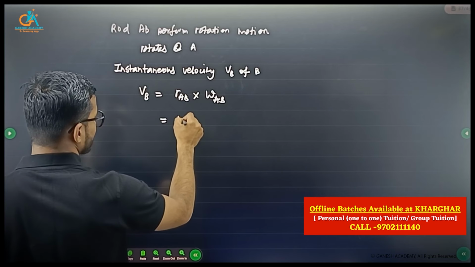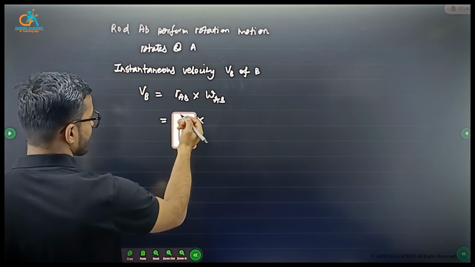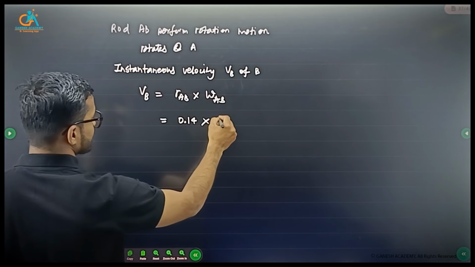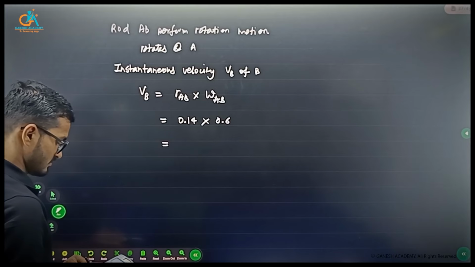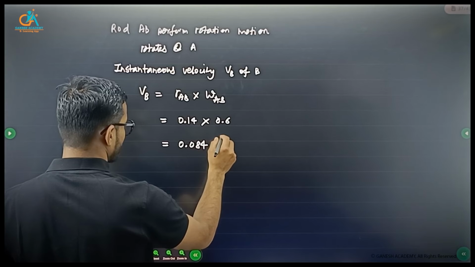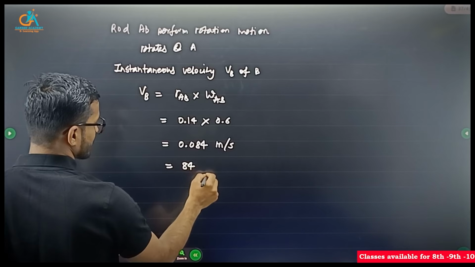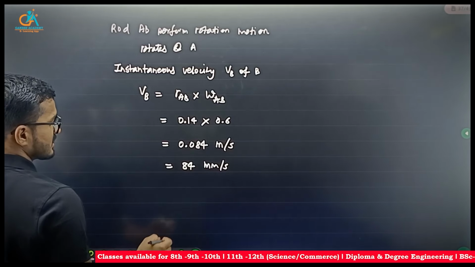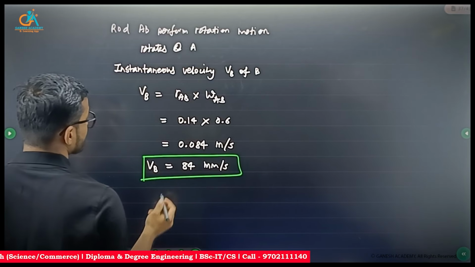RAB is 140 mm into omega. 140 mm means 0.14 meter. Omega is 0.6 radian per second. So 0.084 meter per second. If you want to convert this into mm, you multiply the value by 1000. So velocity of B is 84 mm per second.